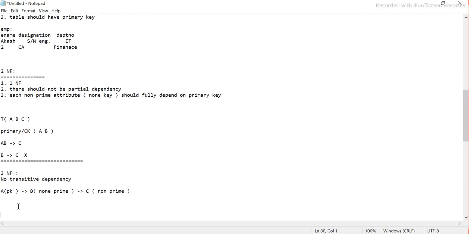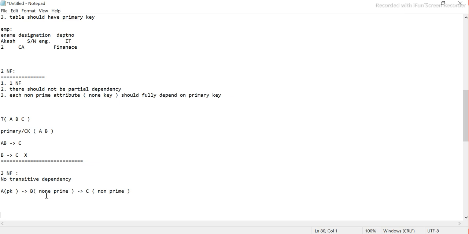B is dependent on A, which means B is pointing to A. A is a primary key and B is dependent on A. Now C is dependent on B, and it is also dependent on A, but not directly dependent on A. It is dependent through B, right?